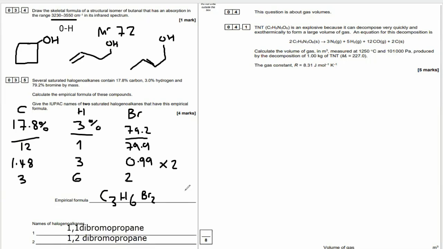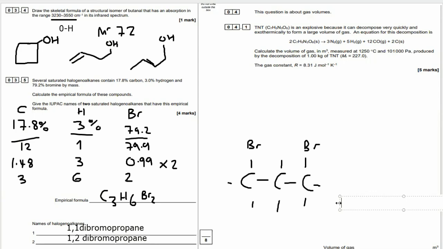For those of you that don't get what I'm on about, just draw it out. So you've got your 3 carbons, and you stick your bromines on. Here I've got 1,3-dibromopropane. And where else could you move those bromines? You could move them to the same carbon, so you could have 2,2-dibromopropane. You can't have 3,3-dibromopropane, because that would just become 1,1-dibromopropane.